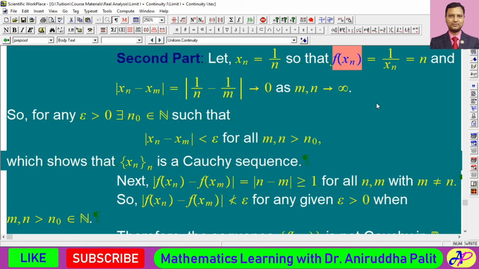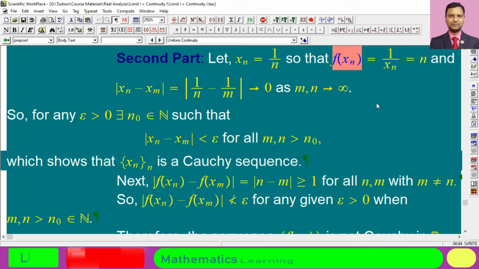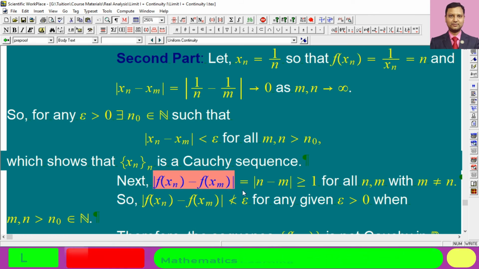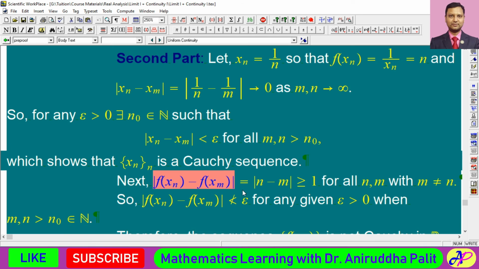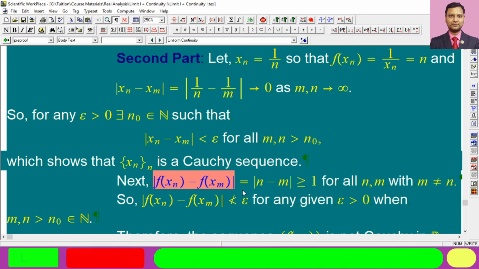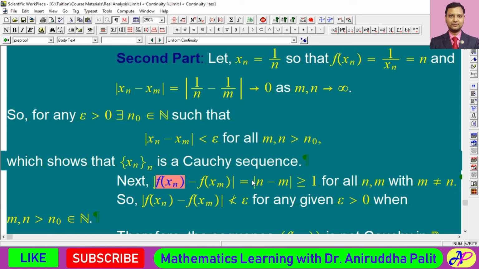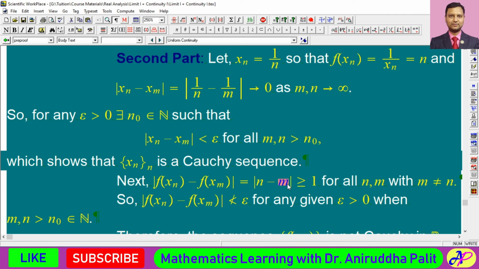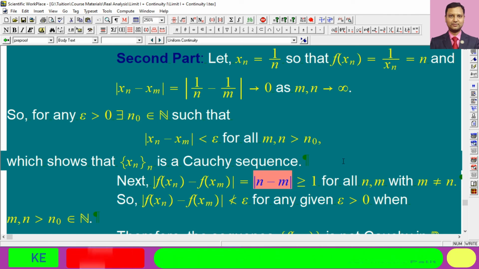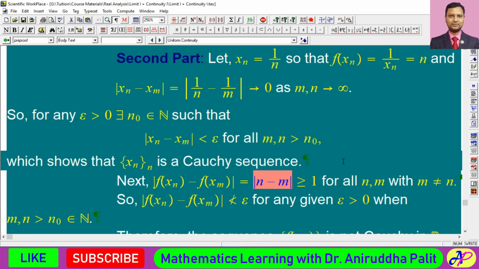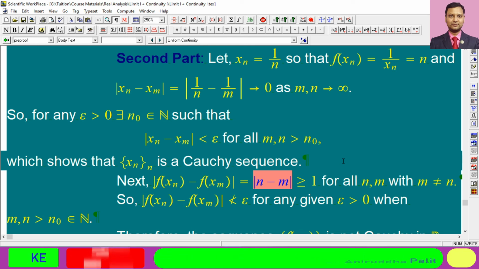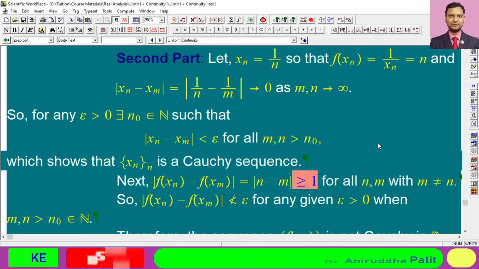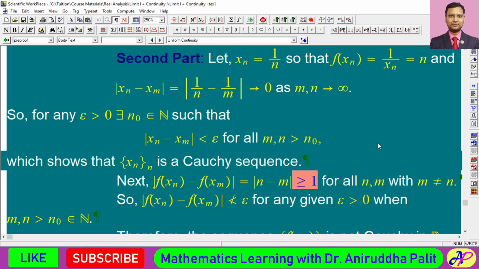Next, we are going to show that the corresponding sequence of functional values, f of xn equal to n, is not a Cauchy sequence. How to show this result? We find the difference f of xn minus f of xm whenever m and n are two different positive integers. Here f of xn is equal to n, and f of xm is equal to m. Therefore this difference, when m and n are two different positive integers, would always be greater than or equal to 1, because m and n are distinct.